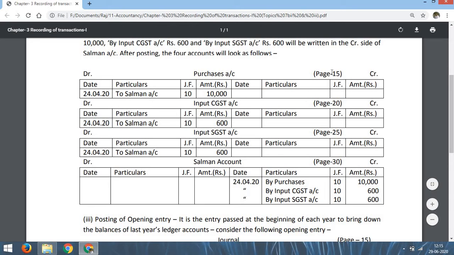Now remember, these are the page numbers of these accounts. Purchase account appears on page number 15, input CGST on page number 20, input SGST account on page number 25 and Salman account on page number 30. So while making posting to these four accounts, in the JF column we have to write the page number of journal from where the posting is made.